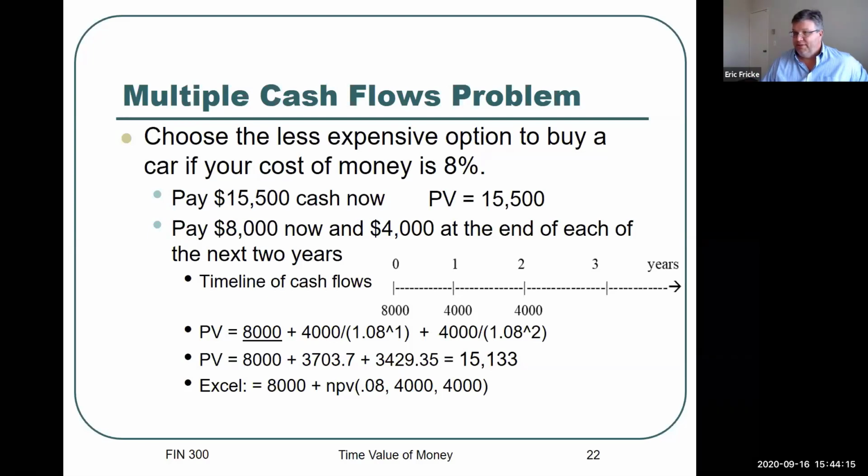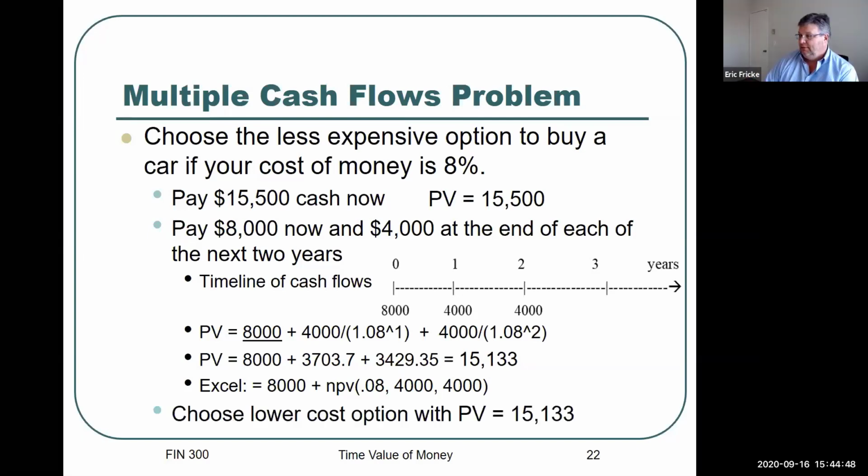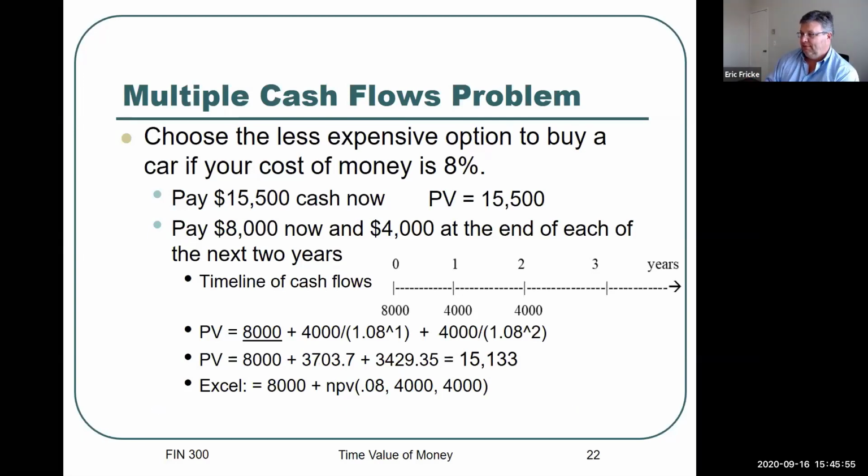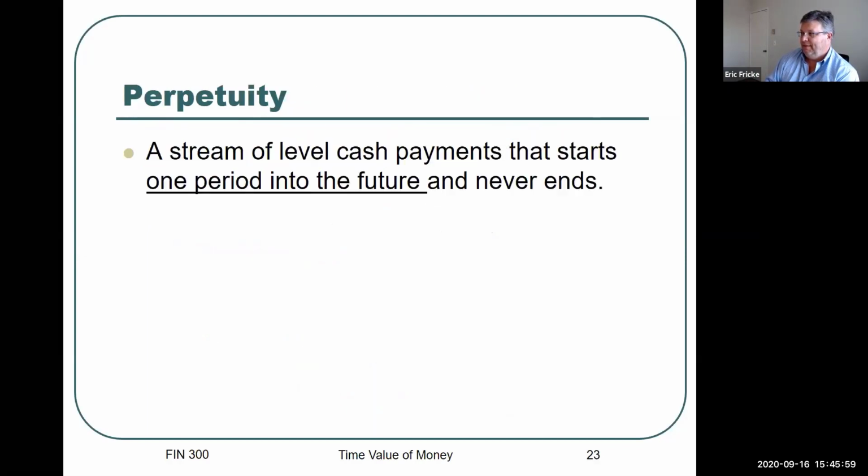So the answer to do this in Excel is 8,000 plus NPV 0.08, 4,000, 4,000. Okay, and if you do that in Excel, you'll get the same answer, 15,133. So choose the lower option. Okay, so that was the Excel version right there.